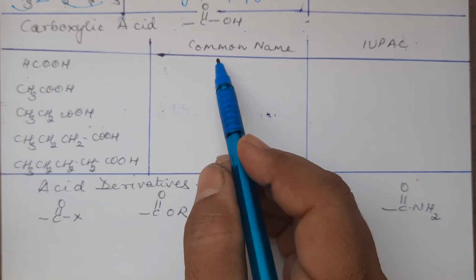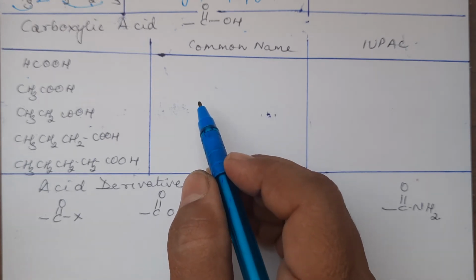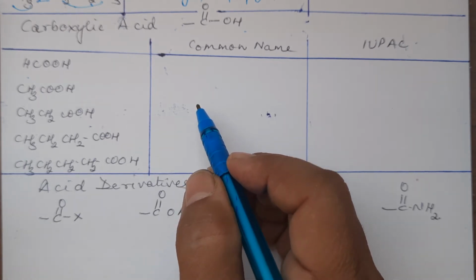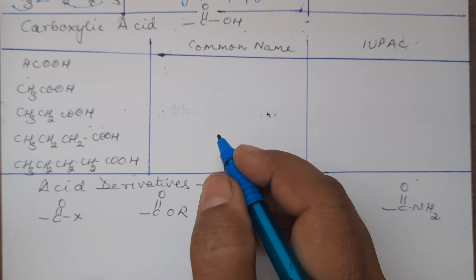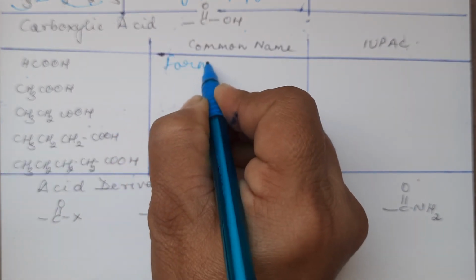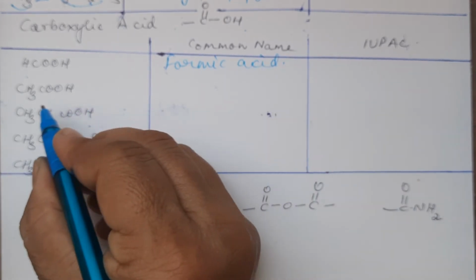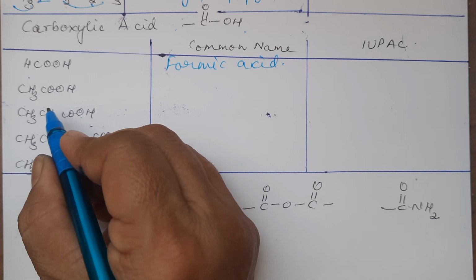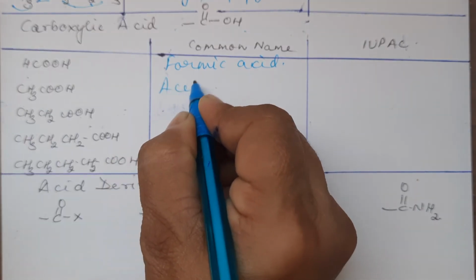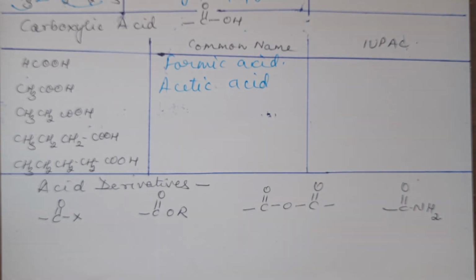HCOOH. Now, the common names of the acids are also given on the basis of their sources. Something like aldehydes, what we discussed, formaldehyde, acetaldehyde. Likewise, these acids will be named as formic acid. It's obtained from ants. Acetum, it's obtained from vinegar. So, it is named as acetic acid. These are the common names on the basis of the sources, again like aldehyde.